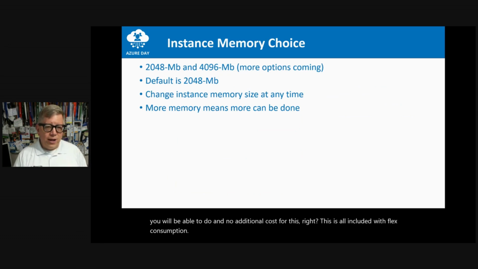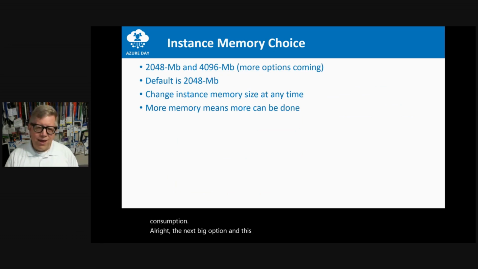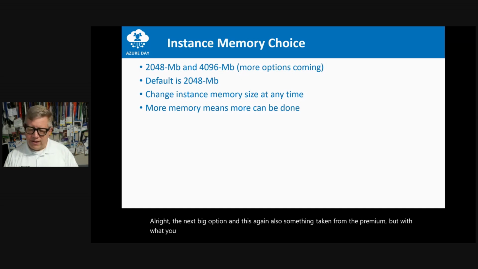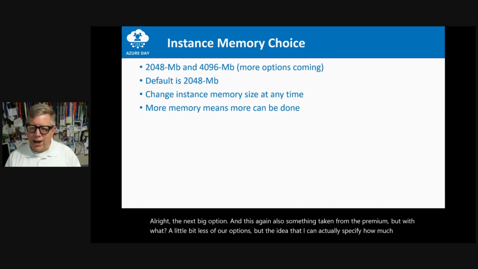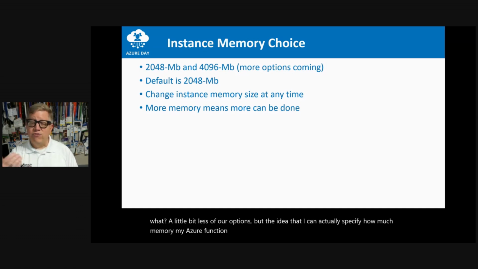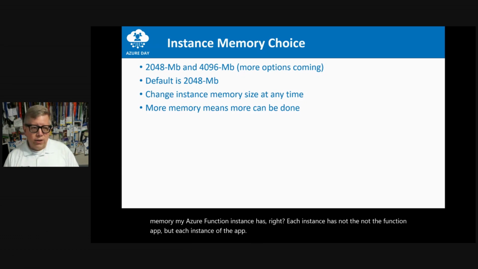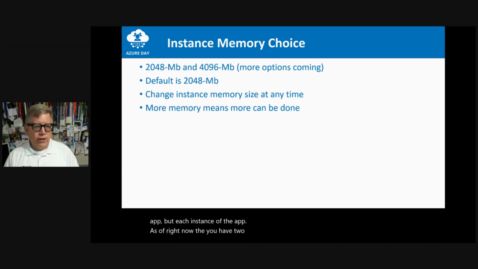All right, the next big option, and this is also something taken from premium, but with fewer options, is the idea that I can actually specify how much memory my Azure function instance has, right? Each instance, not the function app, but each instance of the app. As of right now, you have two options: basically 2 gigabytes or 4 gigabytes of memory.